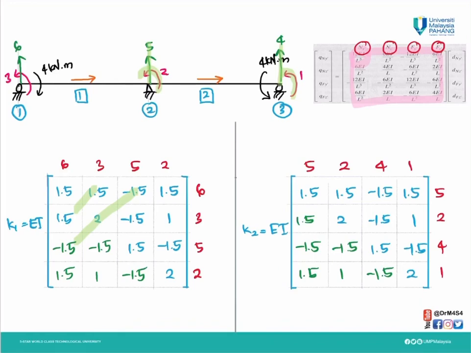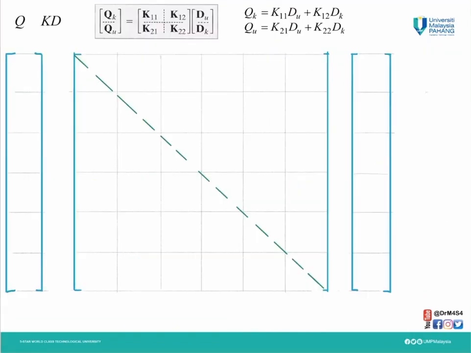Alright, we have assembled our member stiffness for K1 and K2. Now we need to assemble the structure stiffness matrix, which is capital K. We know Q is equal to KD. Since our beam has two members, member 1 and member 2, by combining both, we are going to have a matrix of size 6 times 6.